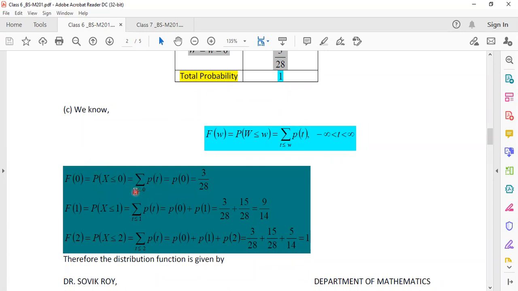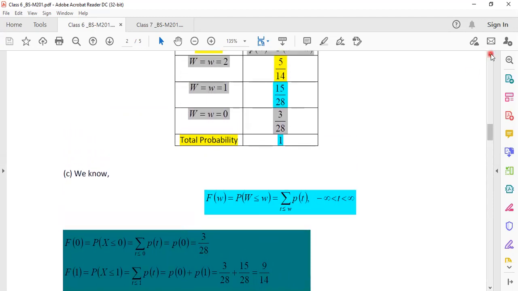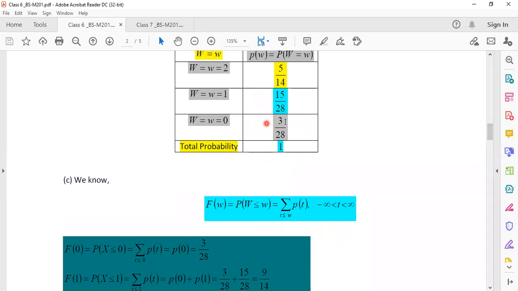But since t is a real number, but discrete, t can take only one value, which is 0. And therefore, I am writing here small p of 0. Small p of 0, from the chart, is how much? 3 by 28. Just look at the chart. It is 3 by 28.